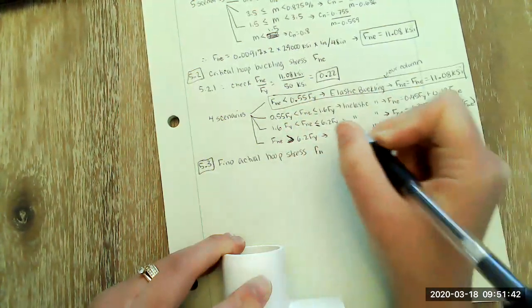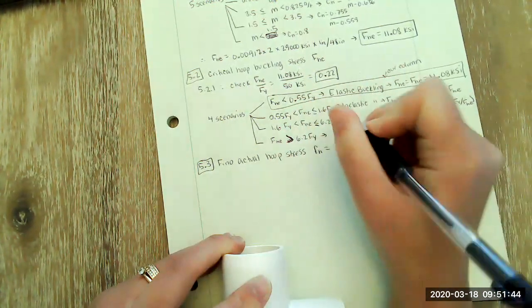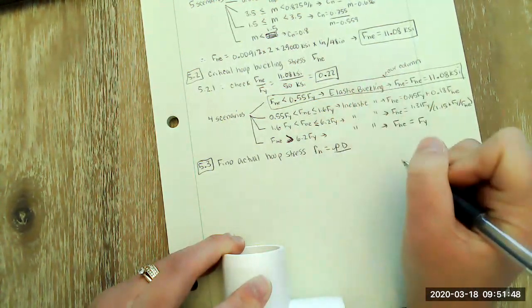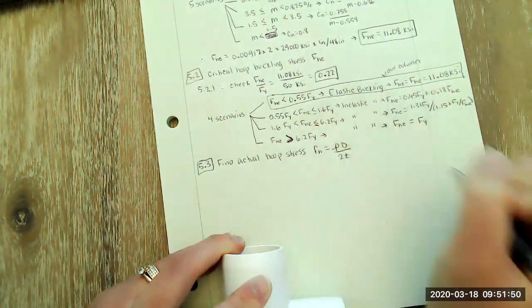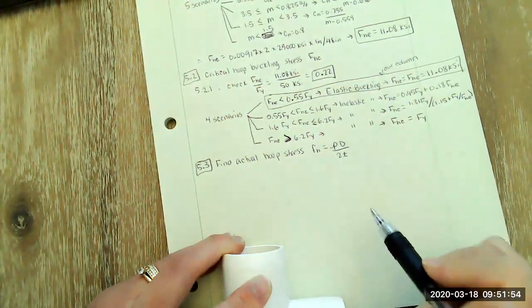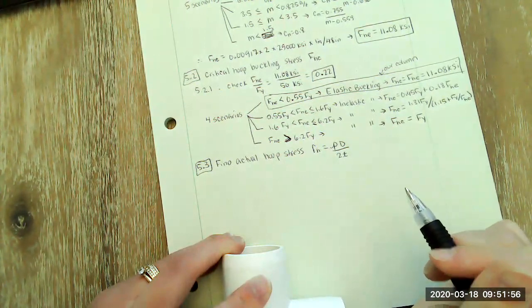Lowercase f sub h is equal to my hydrostatic pressure times my outer diameter, divided by 2 times my thickness. So again, we're relating that hydrostatic pressure to the surface of the body.